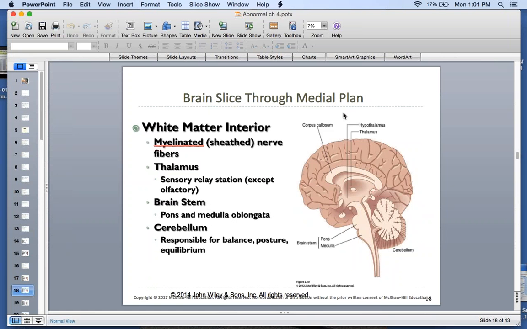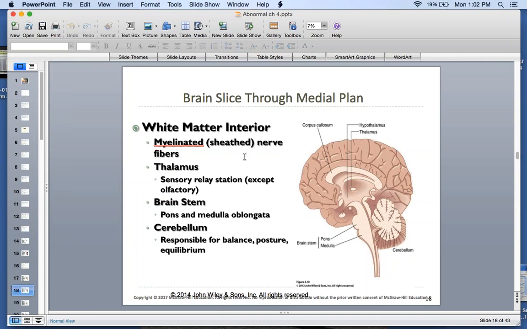When we look at the brain, if you slice right through it, we have all these different parts. And again, just to have this as a reference to come back to throughout the semester, we have our myelinated sheathing.